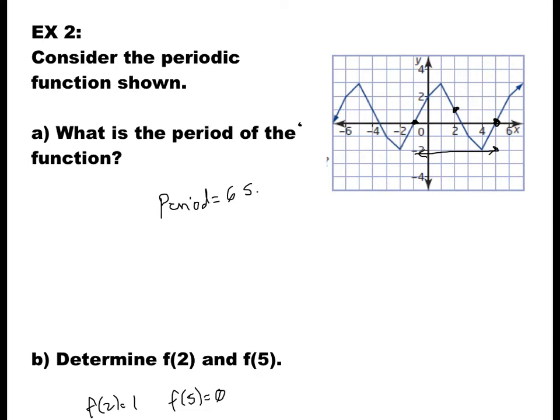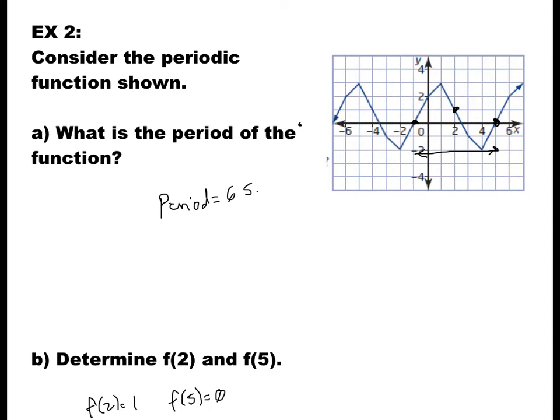But the way we can find it is we can use the property of periodic functions. Remember, a periodic function is a function that repeats itself. The y patterns are going to be repeated every period. And we know that the period of the function is 6 seconds. So we can use this fact to predict the values of f of 8, f of -10, and f of 14.